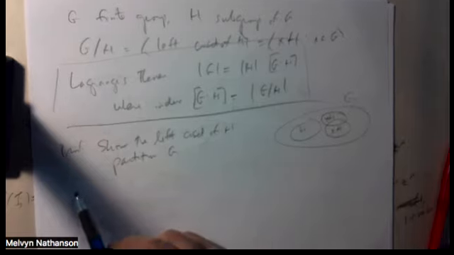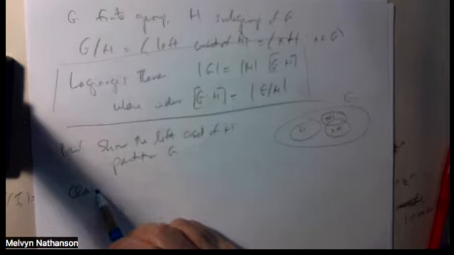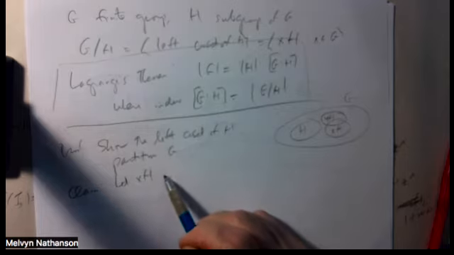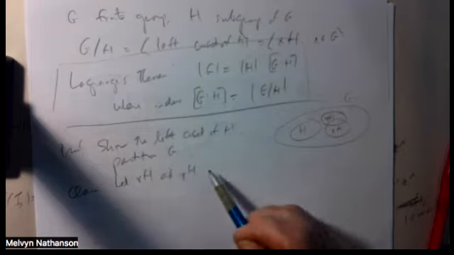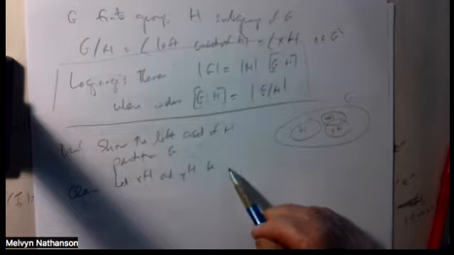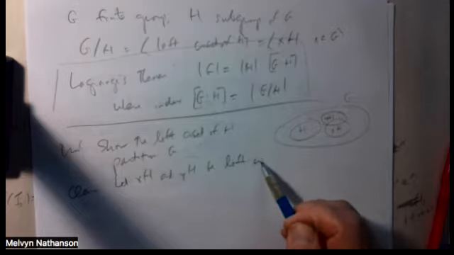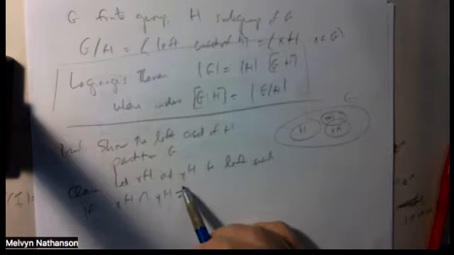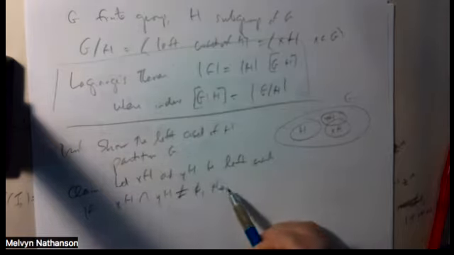So my first claim, this is what I want to show, is that if xH and yH are left cosets and they have even one element in common, so the intersection is not the empty set, then in fact these two sets are exactly the same. And how do we prove this?